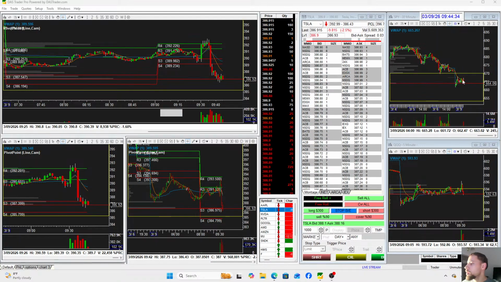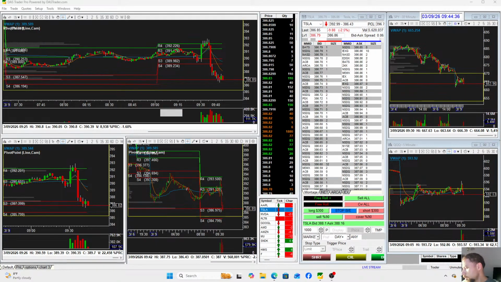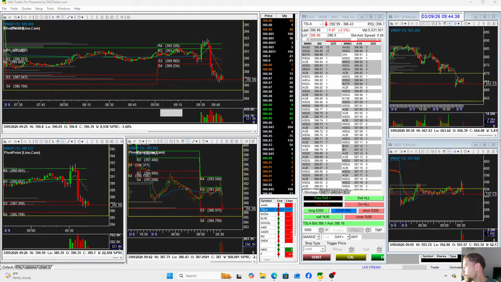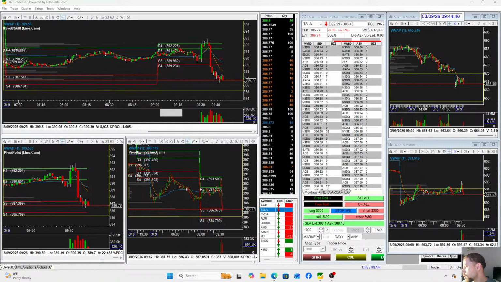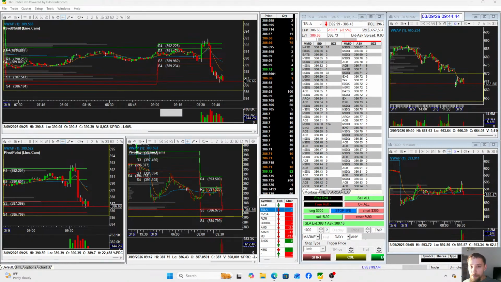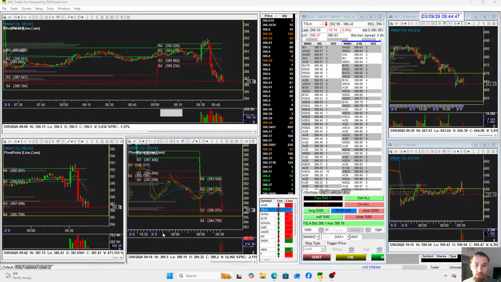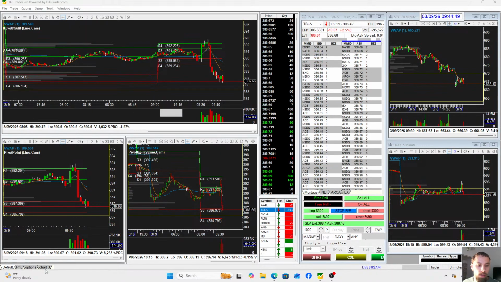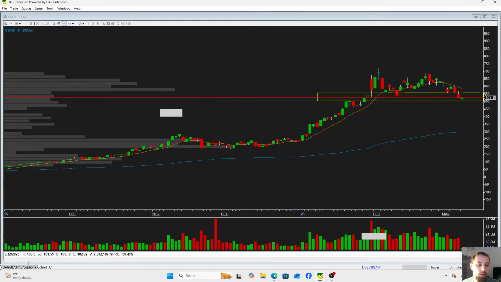Let's go here. Just looking at my other charts. Tesla still slowly breaking down here. And it's getting close to the box. Let's see.